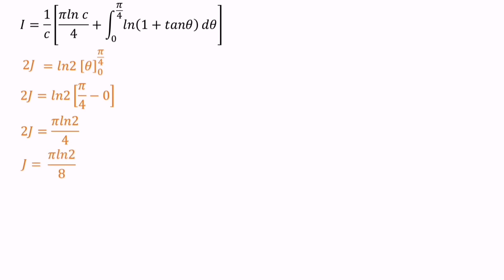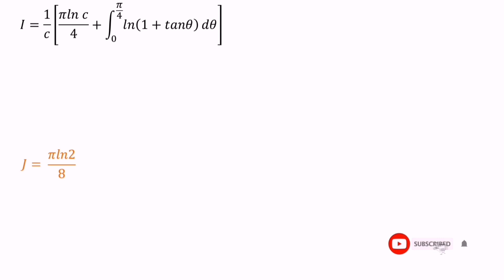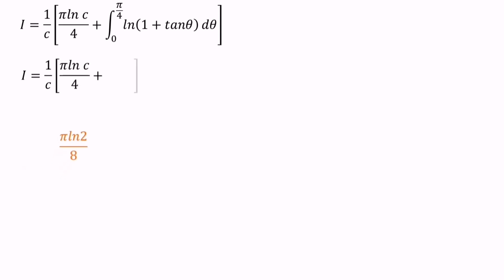Let's substitute this value into our capital I. Then we can write capital I as 1 over c within brackets pi ln c over 4 plus pi ln 2 over 8. Now we can get pi over 8 as a common factor.